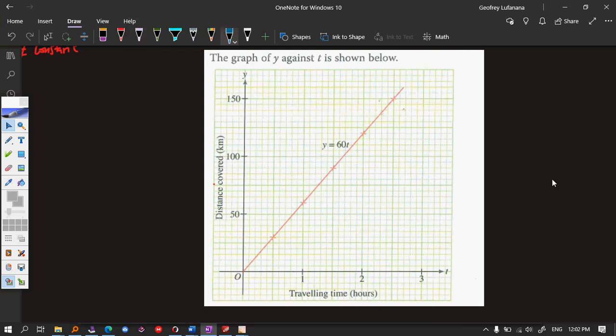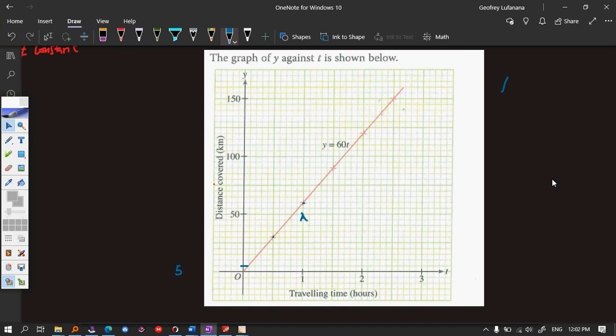My preference is for you to get exact points, like this plotted point. When I look at my scale, from here to there it's 50, and there are 10 small squares, which means that each small square is 5. Let me start with this one because it has a number. Let me call this point A.